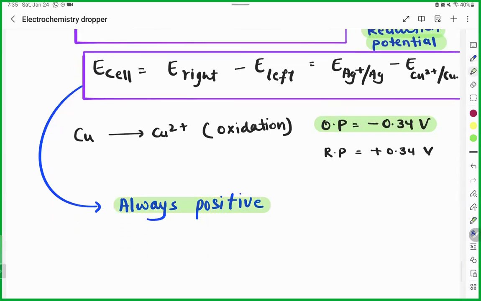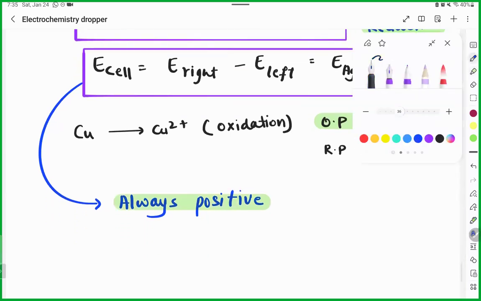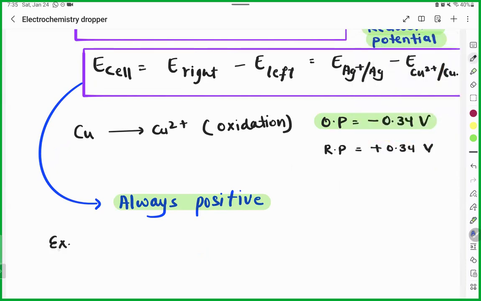Let me give you an example. You have two elements, Ag and copper.